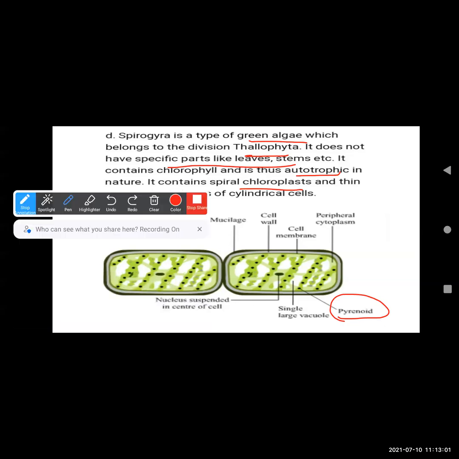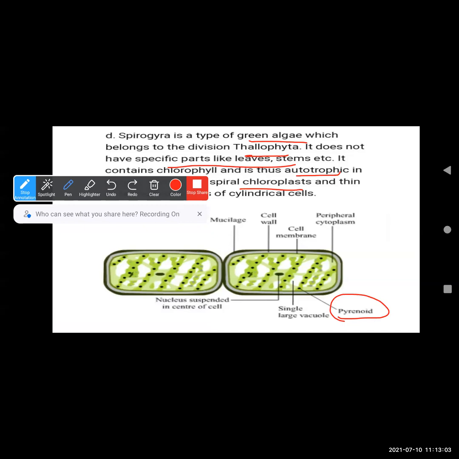And you have to draw the neat labelled structure in this manner. Cell wall you have to show, cell membrane, peripheral cytoplasm. Mucilage is the outermost covering of the Spirogyra. Nucleus you have to show. You can see the nucleus here. Single large vacuole and pyrenoids.